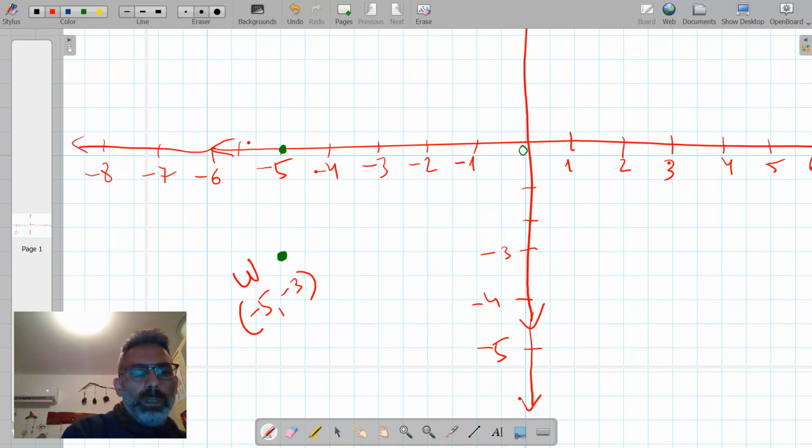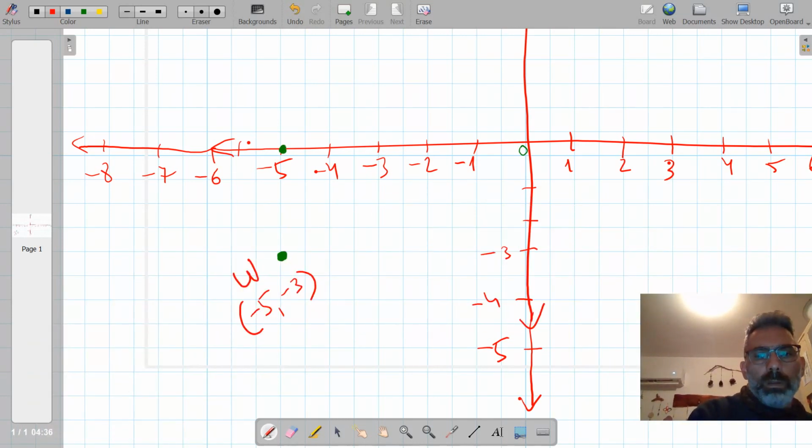So negative 8 and negative 5 will be here. Okay.